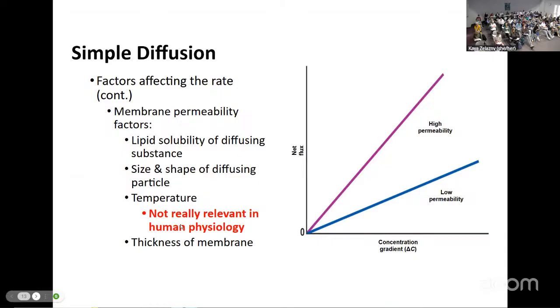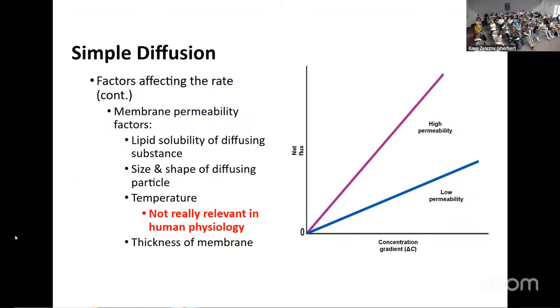So examples of what might affect this membrane permeability to a molecule are going to be the lipid solubility of the diffusing substance, which means how nonpolar is it? How much is it repelled or not repelled by those specific phospholipids, right? So some things have some lipid solubility, but not that much.